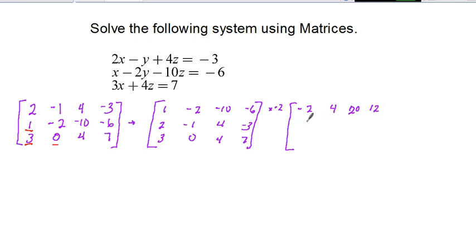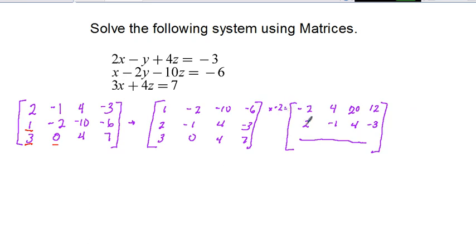And here everything stays the same, 2, negative 1, 4, negative 3. And I'm not doing anything with row 3, so we're just going to indicate that that's not going to change. So I multiplied row 1 by negative 2 to get this.